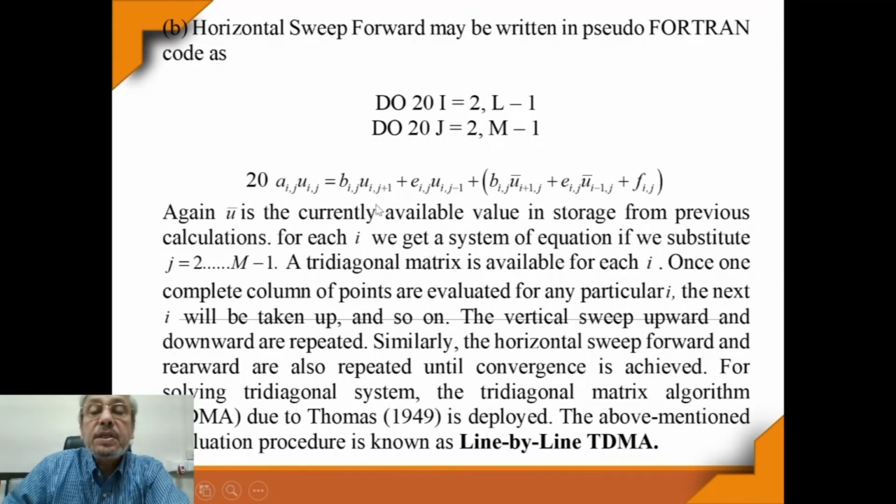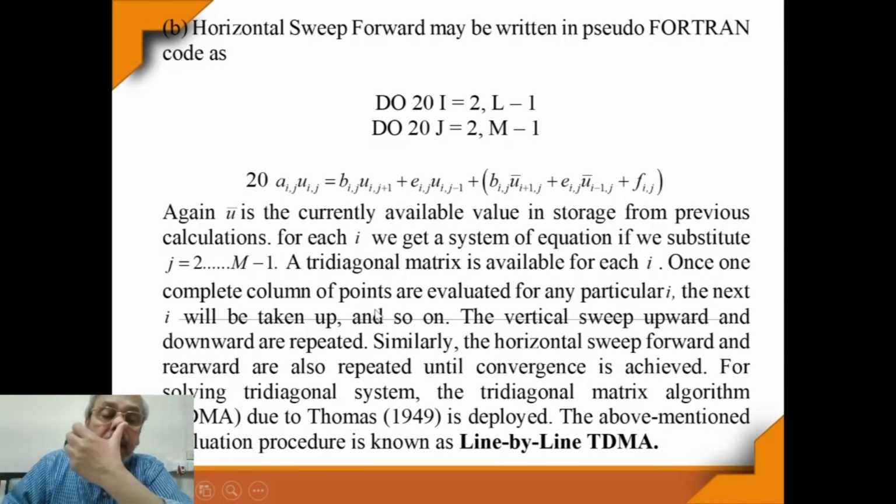So this is basically j plus 1, j minus 1. For every j value 2, 3, 4, 5 up to m minus 1, we get a system of equations. A tridiagonal matrix is available for each i location.